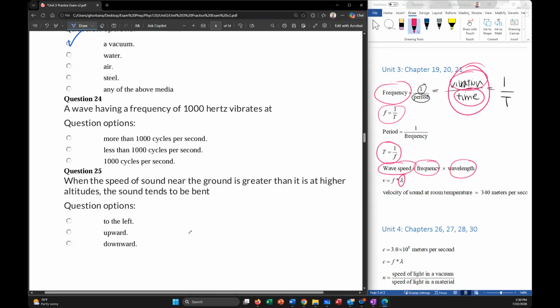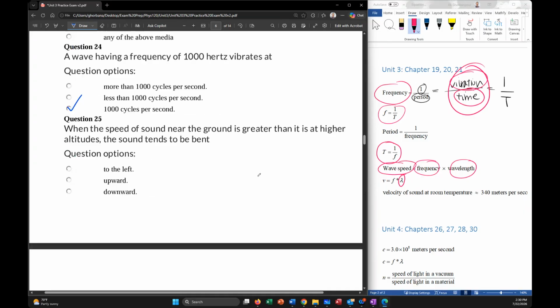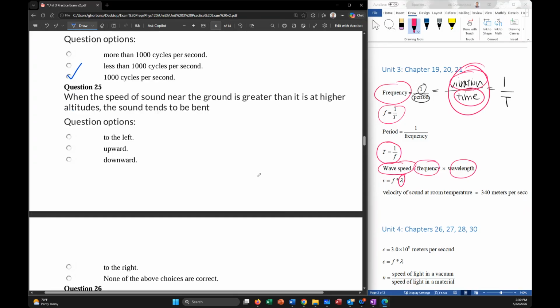A wave having a frequency of 1000 hertz vibrates at more than 1000 cycles per second, less than 1000 cycles per second, or equal to 1000 cycles per second? The right answer is 1000 cycles per second. Question 25. When the speed of sound near the ground is greater than at higher altitude, the sound tends to bend upward.